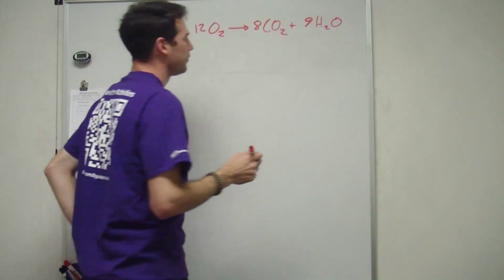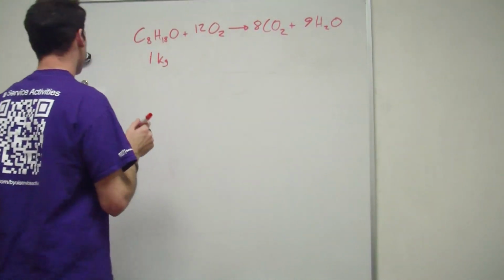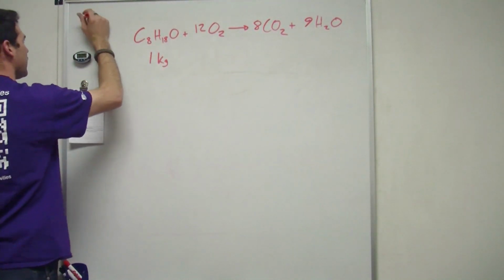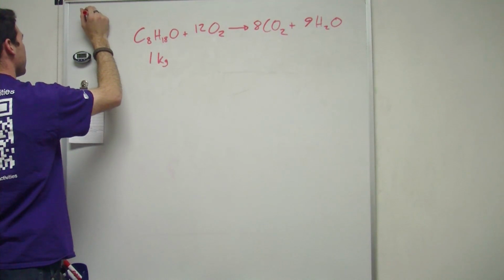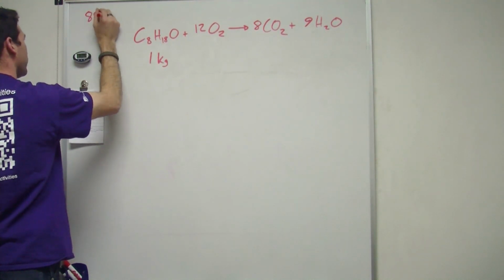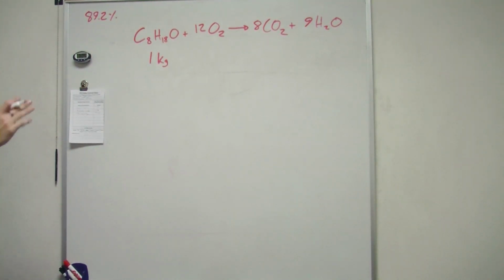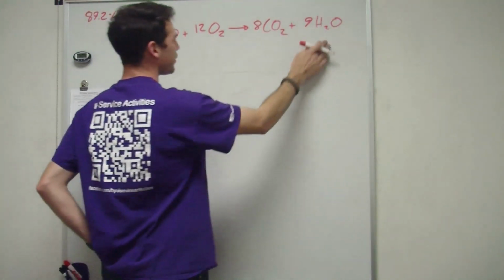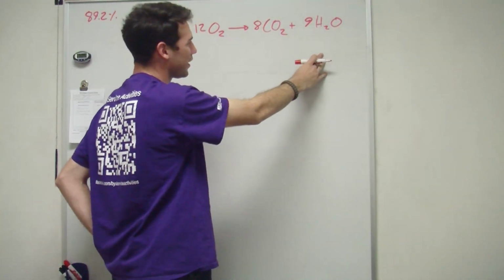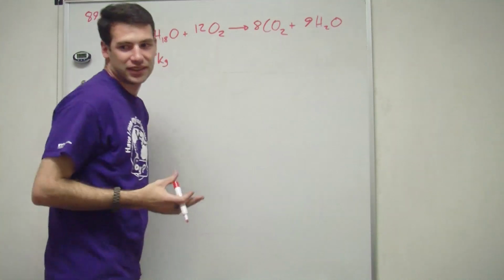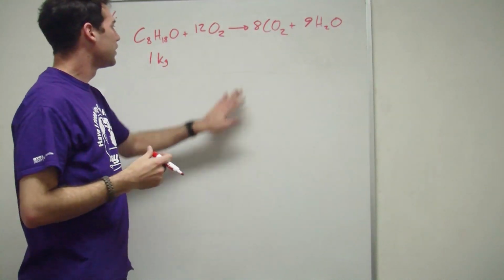And then later, I'm going to write this up here in the corner. I'm going to say that it is an 89.2% yield. I wanted to find out exactly how much CO2 I'm producing, because water, we need more, all the water we can get, right? But CO2, supposedly it's not good.